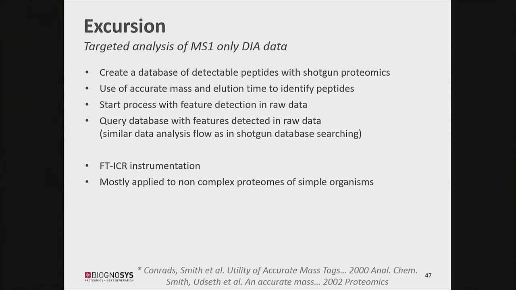They started from the raw data, so the processing was more shotgun-like: you would look for your features in the data, process it to a single mass in the end, and then query your possible peptides. They did it on FT-ICR instrumentation mostly, and it was mostly applied to non-complex proteomes, so simple organisms, or lower organisms like yeast, for example.